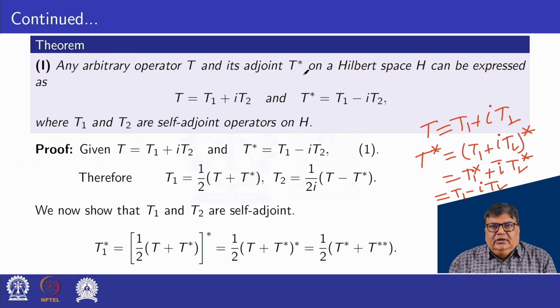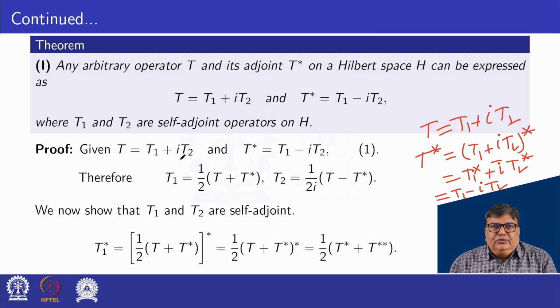If you define T star is equal to T1 minus i T2, we have to prove T1 and T2 are self-adjoint operators. So let us prove it.